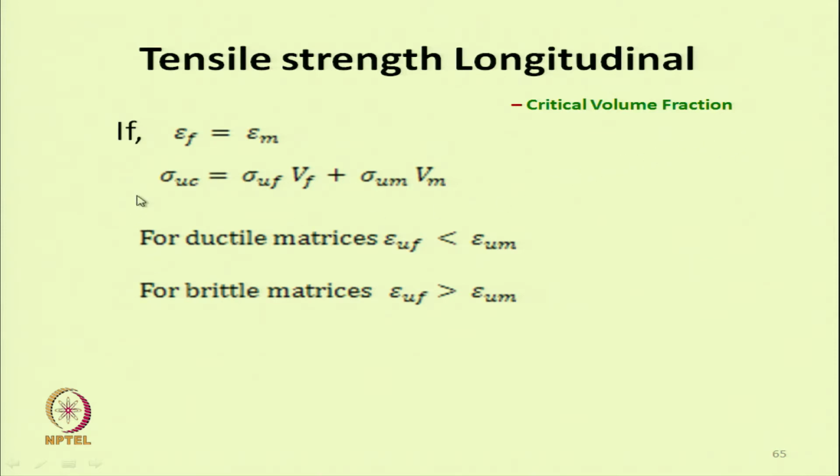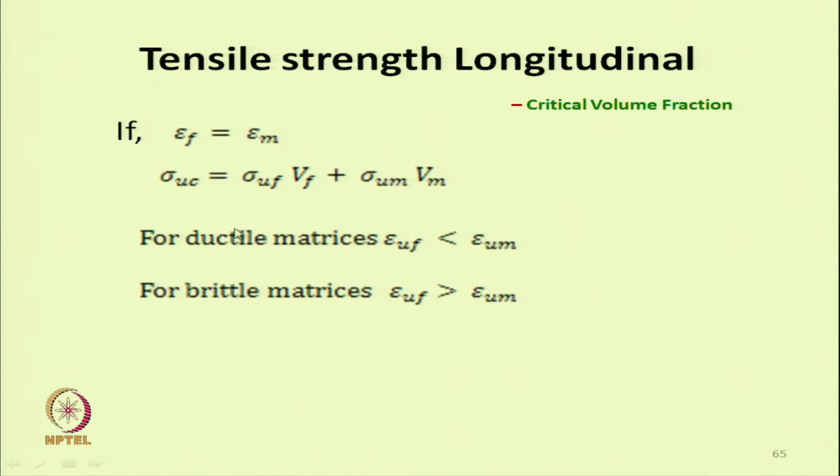So, ultimate strength of composite is sigma u c, ultimate stress, which is the addition of the stress by the fiber and stress by the matrix.